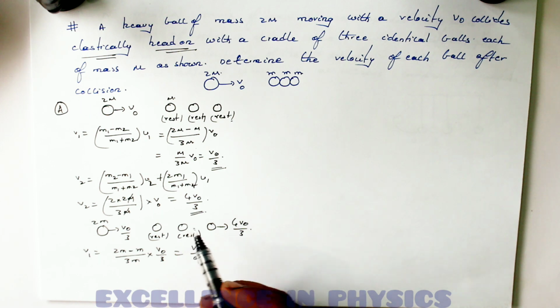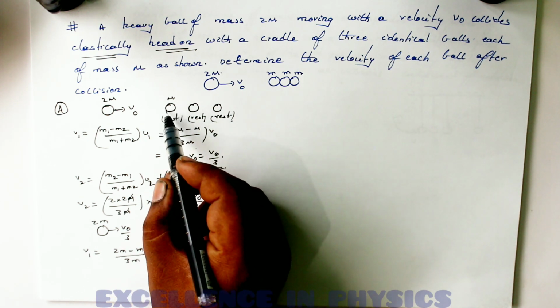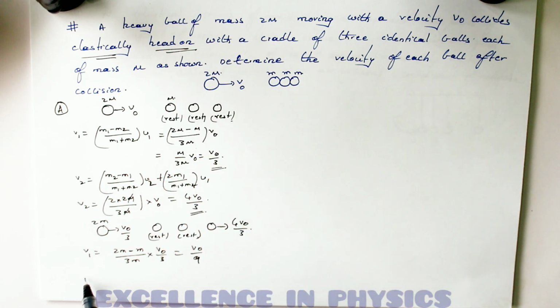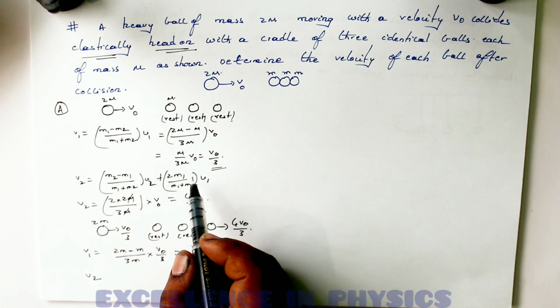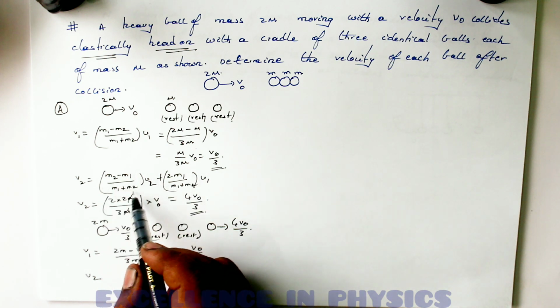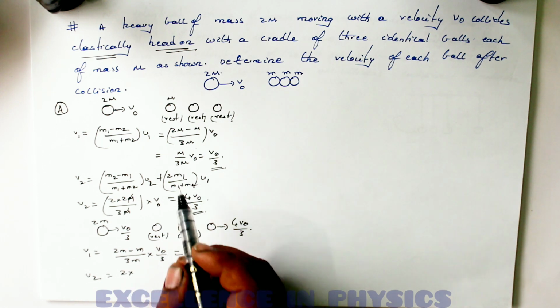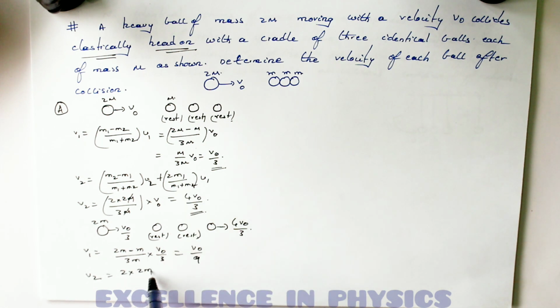Now similarly I can calculate v2, that is the final velocity of this target ball after the collision. Directly I can use this relation because here u2 is 0. So 2 into m1, which is 2m, divided by 3m, into its initial velocity before collision, which was v0 divided by 3.